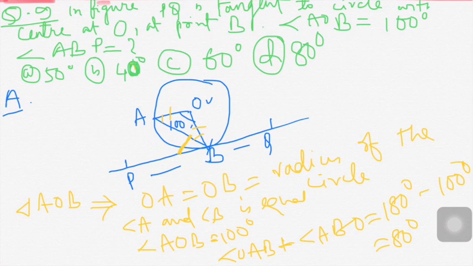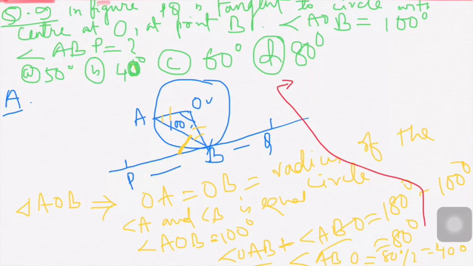Again we know these two are equal, hence we can easily write angle ABO equals 80 degree by 2 equals 40 degree. So we have got this angle.